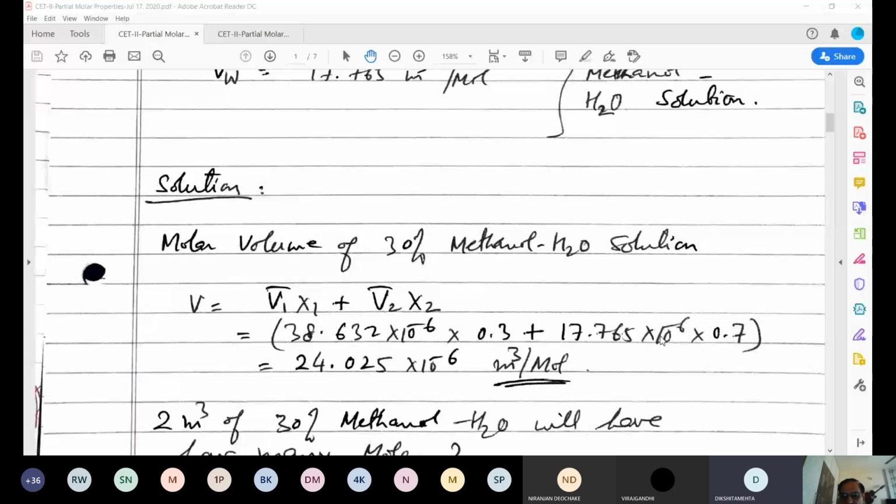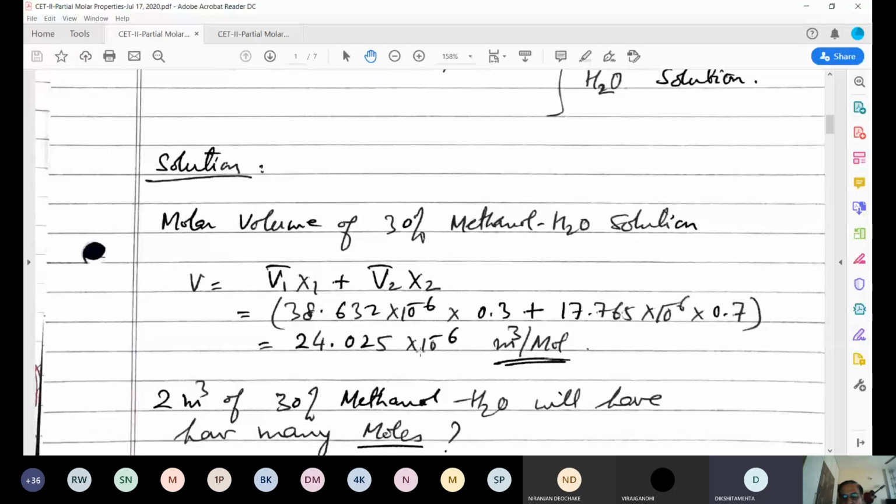वो मोलर 1 मोल ऑफ सॉल्यूशन, वो थोड़ा नहीं समझा। 1 मोलर सॉल्यूशन नहीं है ये, मींस 1 मोल ऑफ सॉल्यूशन। 1 mole of solution occupies so much volume. मोलर सॉल्यूशन नहीं है, इस 30% मिथनॉल है, 70% वाटर है। Molar volume means volume of 1 mole of solution, because units are meter cube per mole.